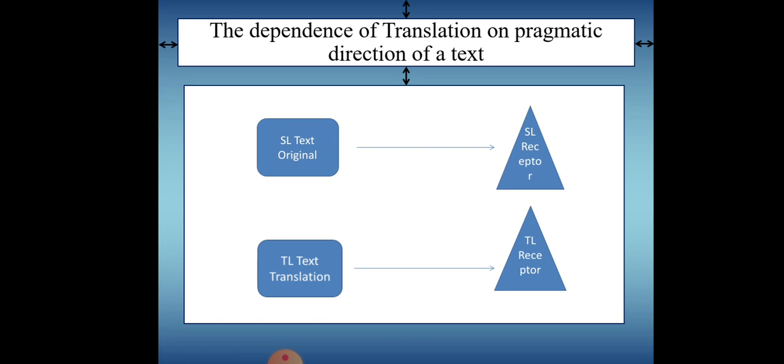The dependence of translation on pragmatic problems is connected with genre peculiarities of the original and the type of receptors for whom it is oriented. Translators come across many problems in translating the pragmatic potential of the works of fiction and poetry. These works in any language are addressed to people, to readers speaking the language of an author.